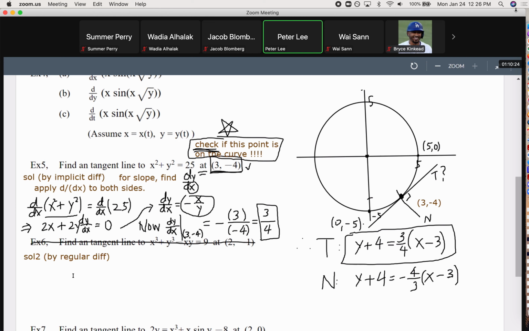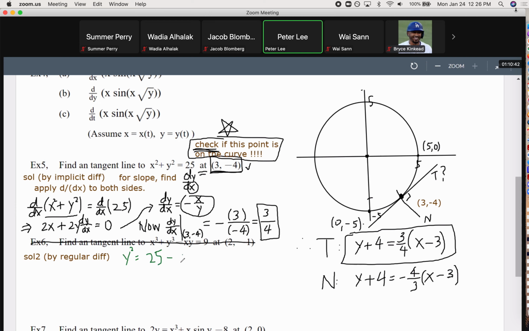Now, if you want to do this by regular differentiation, the first problem is we have to solve for y in terms of x. So now what we get? y squared is equal to 25 minus x squared.